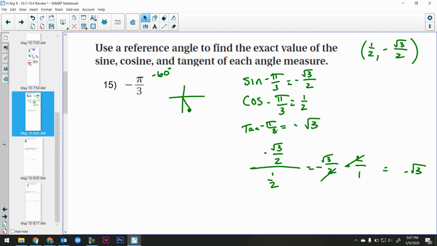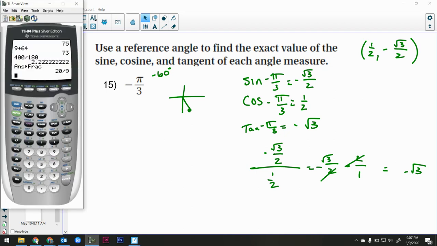Okay. Again, no decimals there. I realize you could go into your calculator and put it into radian mode because I'm going to input radians, and you can do this, right? This is okay to do, but unfortunately, sine of negative pi over 3 is just going to spit out a decimal.